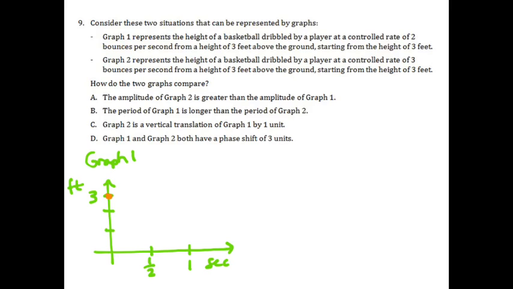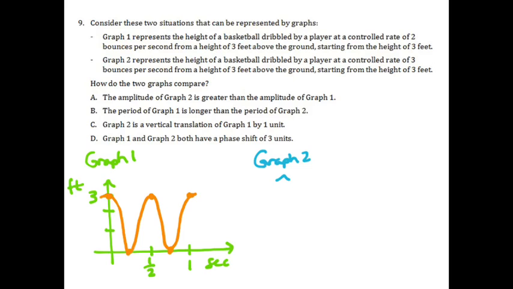My ball starts up here at 3, and if I'm going to get 2 bounces in a second, that means that I'm going to go down and back up in half a second, and then down and back up at the end of a second. So there's the ball bounces back up to the hand, down to the ground, back up to the hand. That's graph 1.